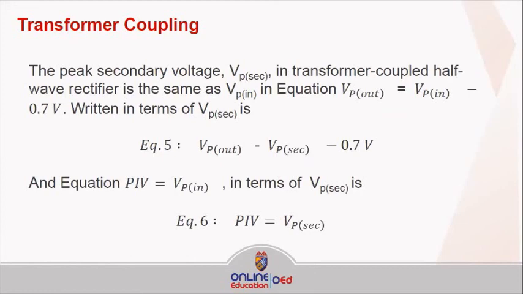Okay, then as you can see, written in terms of VP(sec), ito yung equation 5 natin, the output peak voltage equals the secondary peak voltage minus the barrier potential of 0.70 volts.